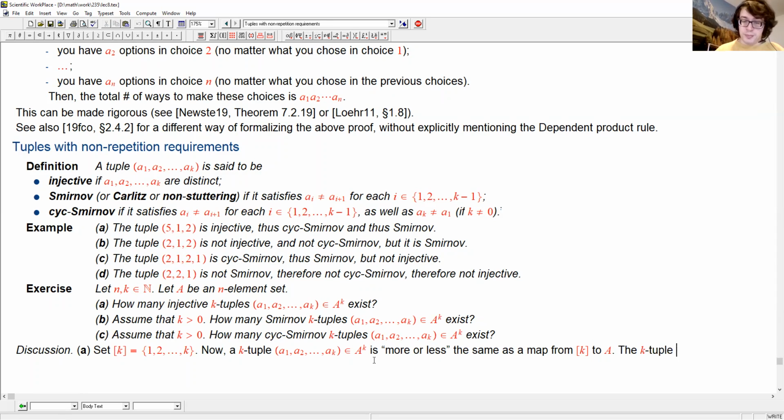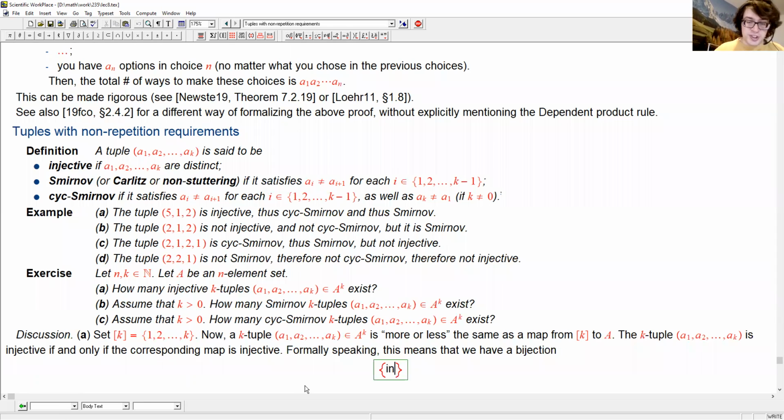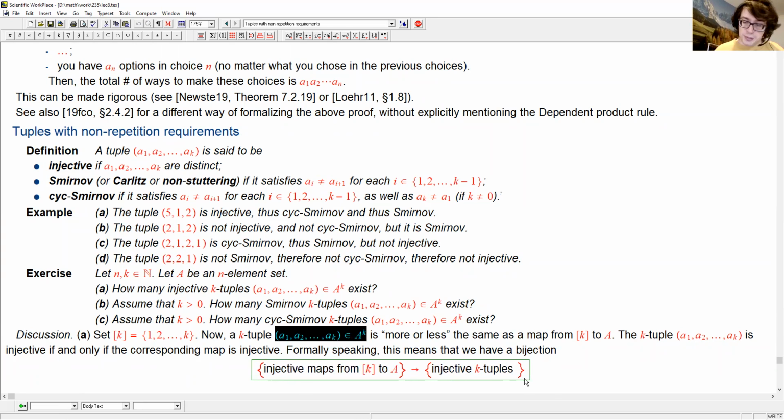And furthermore, the k-tuple here is injective if and only if the corresponding map is injective. And that's why we call them injective to begin with. So, formally speaking, this means that we have a bijection between the injective maps from k to A and the injective k-tuples in A to the k.